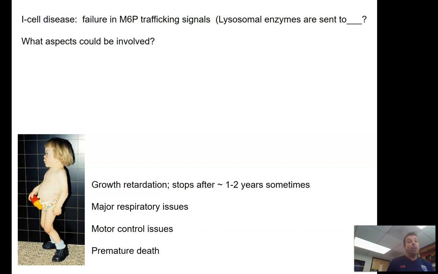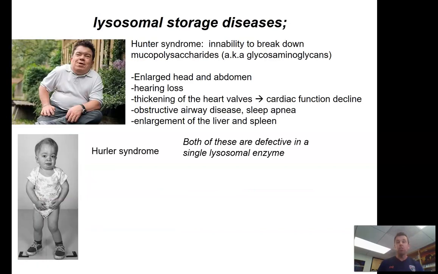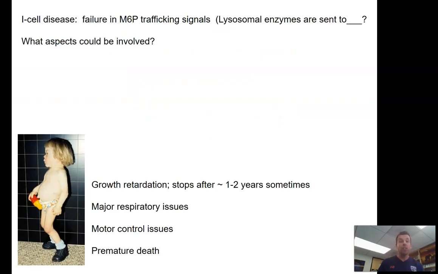Now, why is this? This is still a single gene that is mutated, just like these. These were single genes that were mutated, but these were single genes for lysosomal enzymes. So only that lysosomal enzyme was affected. This happens when the gene that's mutated is involved in getting the lysosomal enzyme to the lysosome.